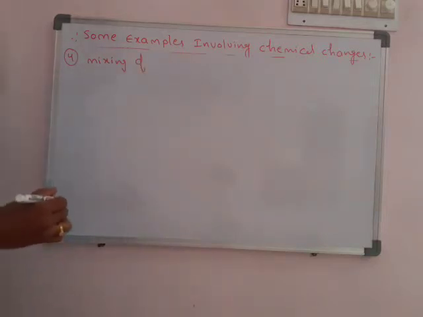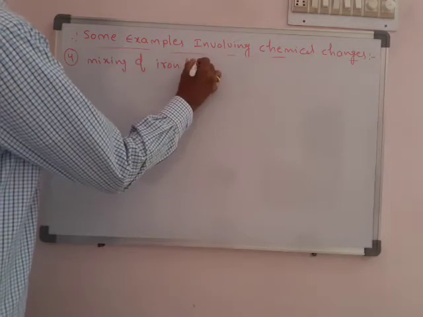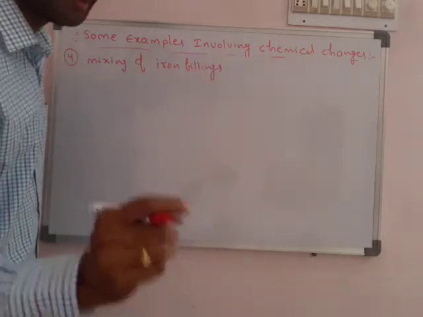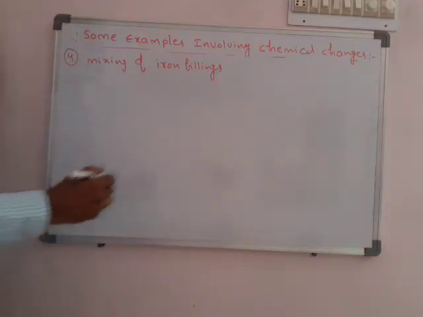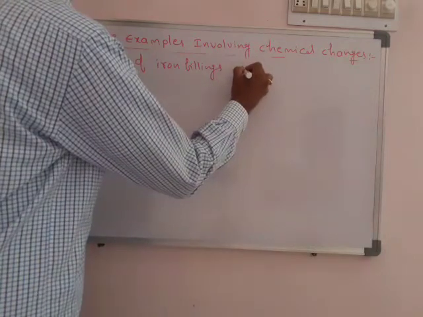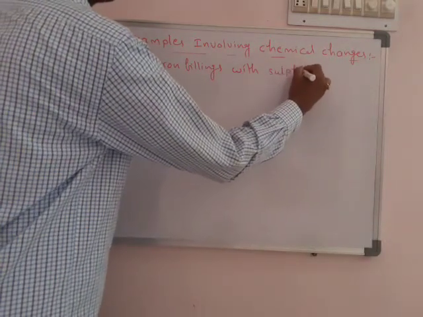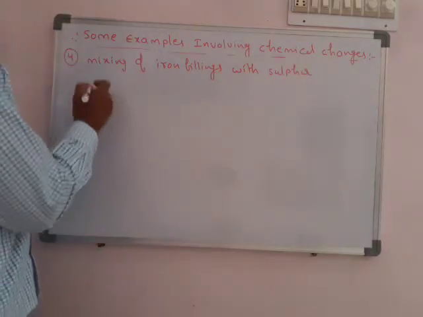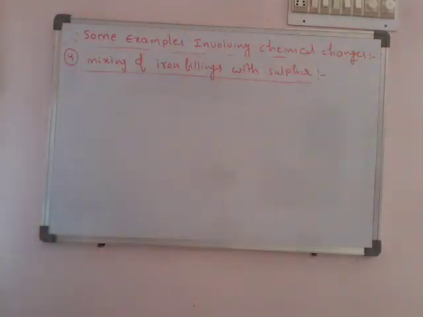Mixing of iron filings. Iron filings means small pieces of iron. So mixing of iron filings with sulfur, here it is very important. There are two possibilities.